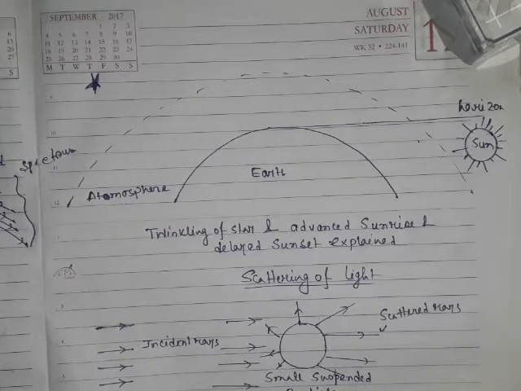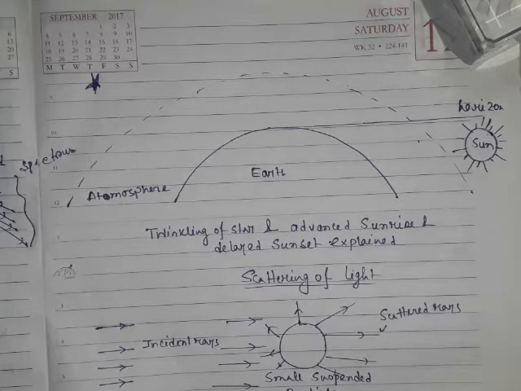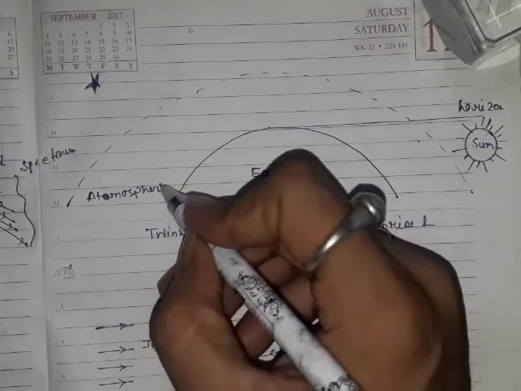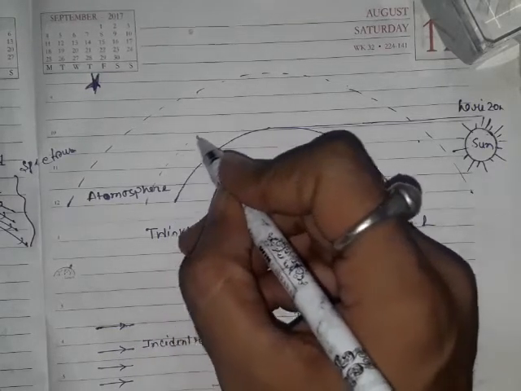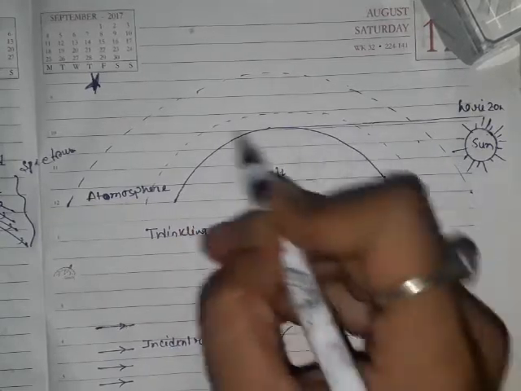Now we can understand there are different layers in the atmosphere, starting from the troposphere, then stratosphere, then ozonosphere, ionosphere, magnetosphere, mesosphere, exosphere. There are lots of different levels of the atmosphere, so we can consider this atmosphere as a combination of a number of layers.